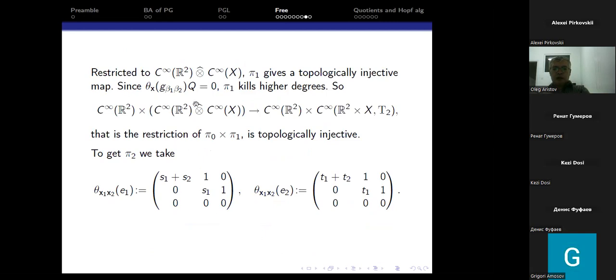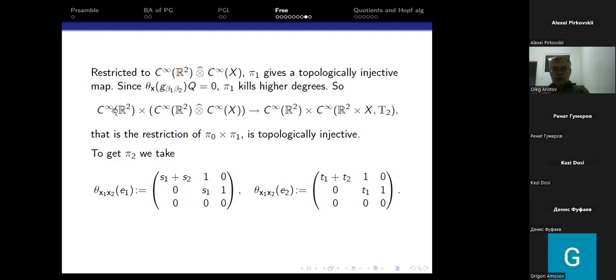And moreover, theta x of g beta 1 beta 2 is a multiple of q. But q squared is 0. So this product is 0. And so it means that p1 is of higher degrees.